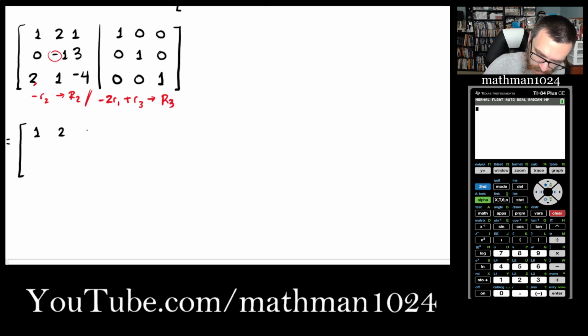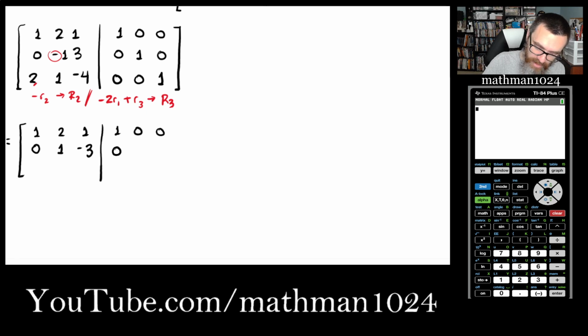So the first row doesn't change, so let's make sure we copy that down. In the second row, we're just changing the sign of everything, so it's positive 1, negative 3, then we have 0, negative 1, 0. All right, now we're going to do negative 2 times 1 plus 2, 0.